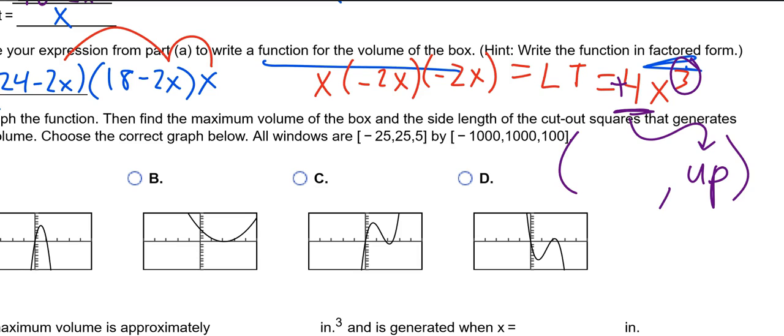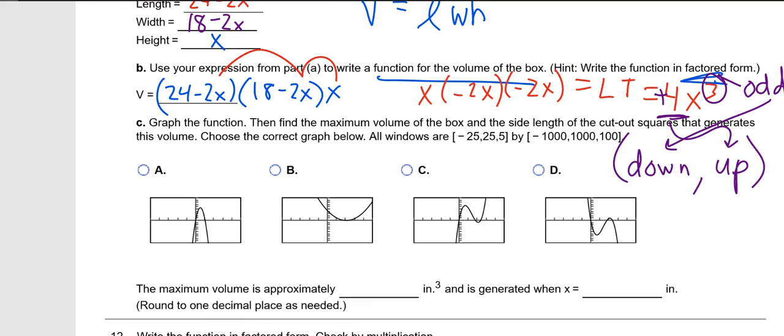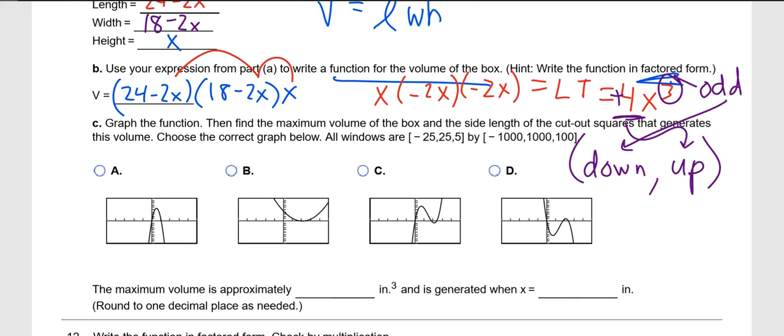Then we look at the degree, and since it is an odd number, we know that the left is opposite of the right. Use that information to answer part C.